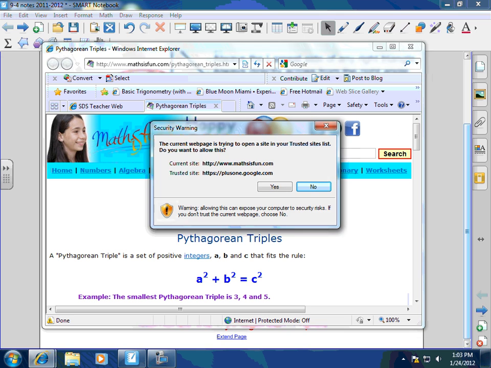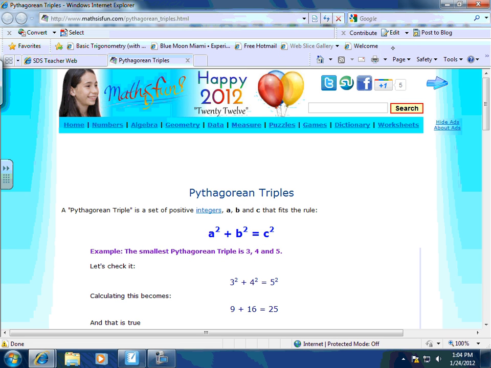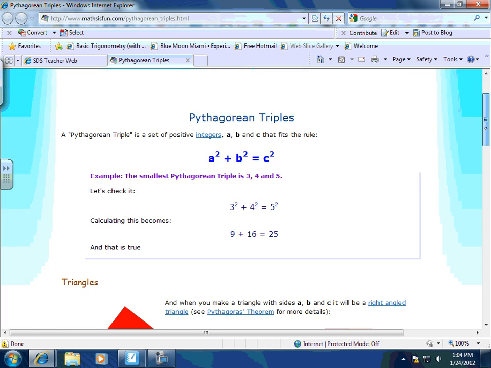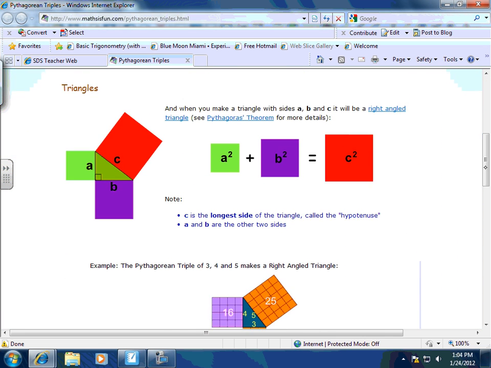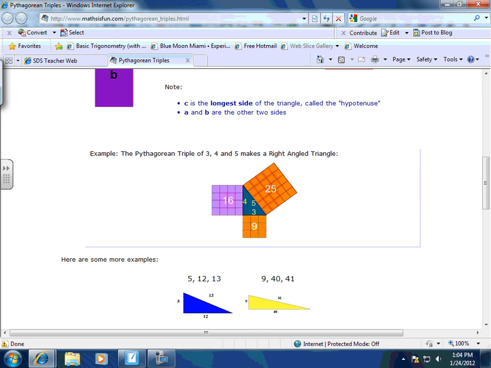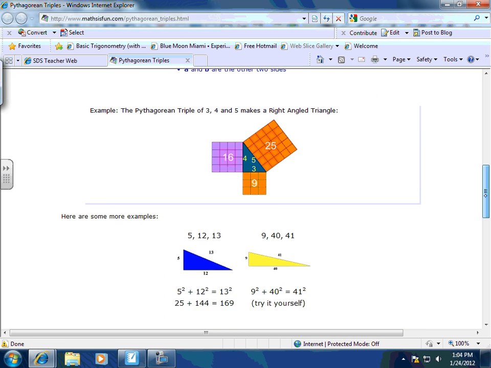All right. So the Pythagorean triples, I'm not going to bore you with the formula again. It talks about the Pythagorean theorem. Shows you an example of a Pythagorean theorem again. Shows you in block form, but you guys are beyond that.